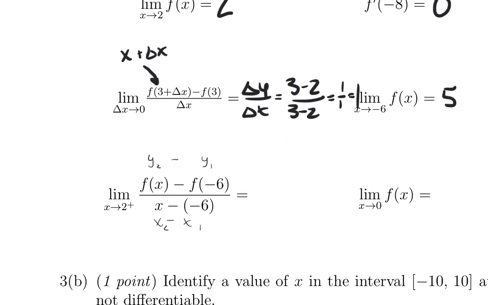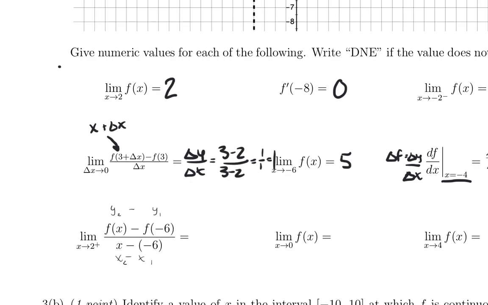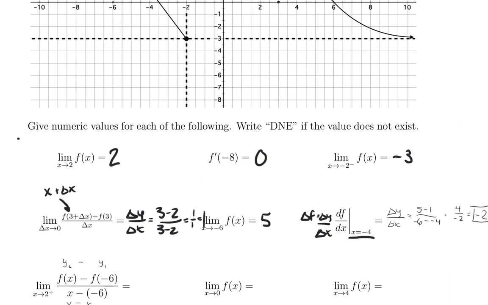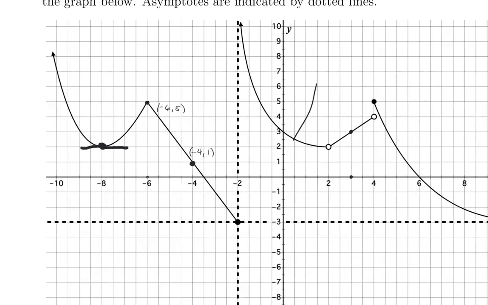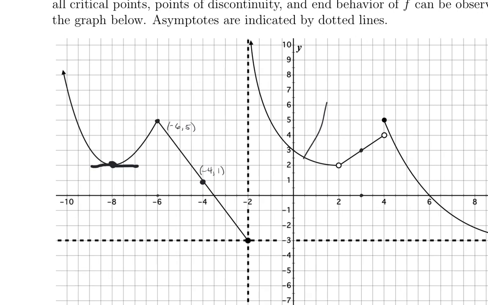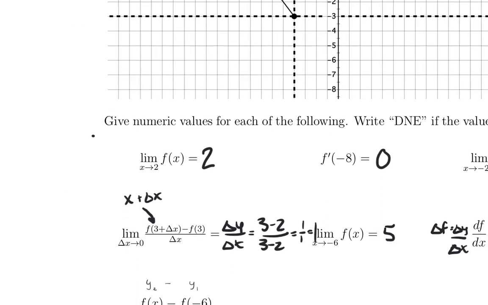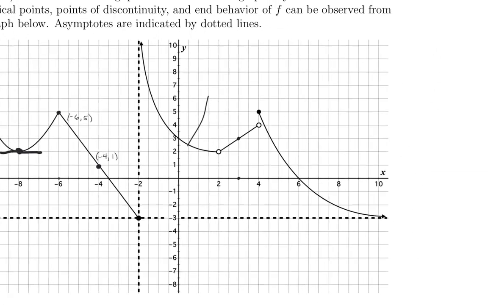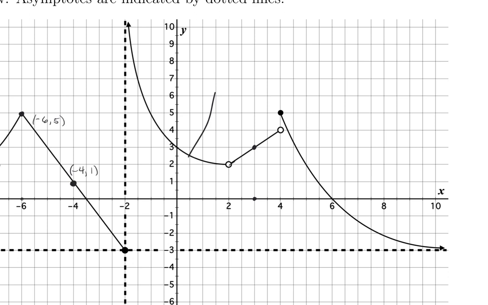So I'm going to go to my graph, and I'm going to look at -6. -6 is right here. We found that in a previous problem. And then we're going to go to 2 from the right side, and that's going to be here at 2.